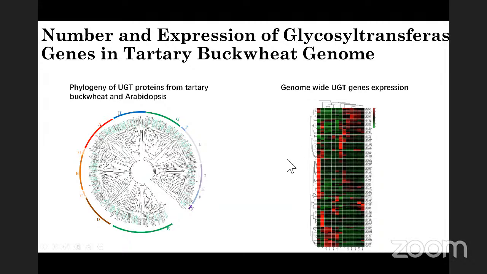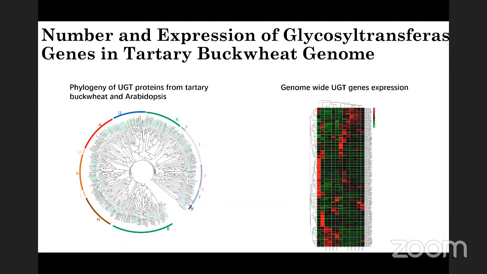Next, we analyze these genes' expression patterns using the transcriptome of the tartar buckwheat. We found among them 20 UGT genes possess high expression levels in the late developmental stage of the seed.